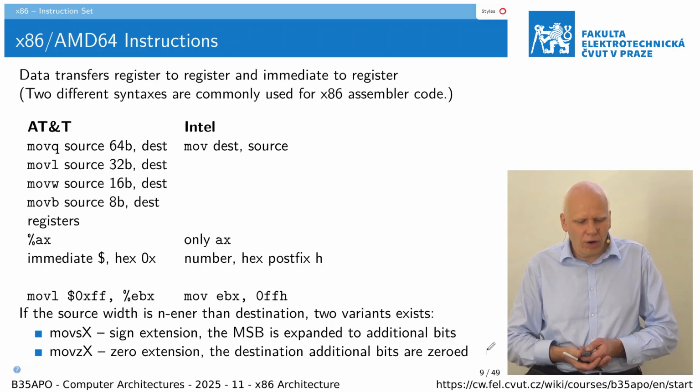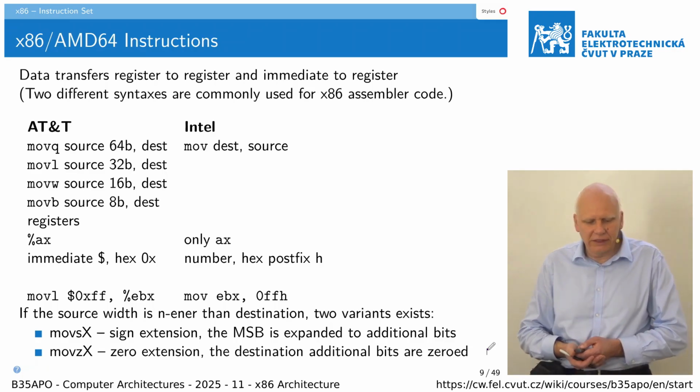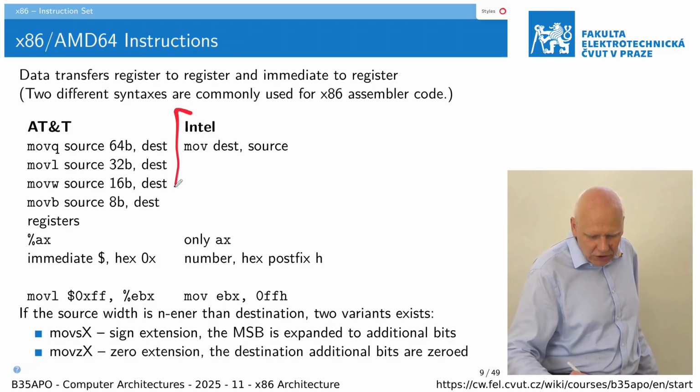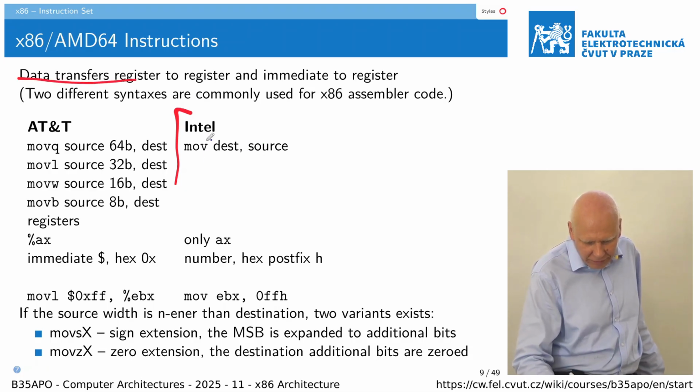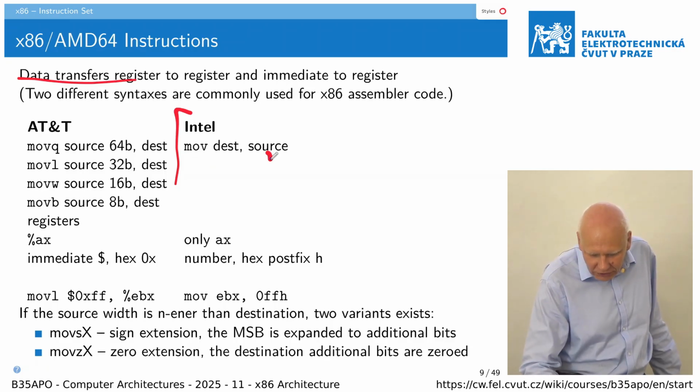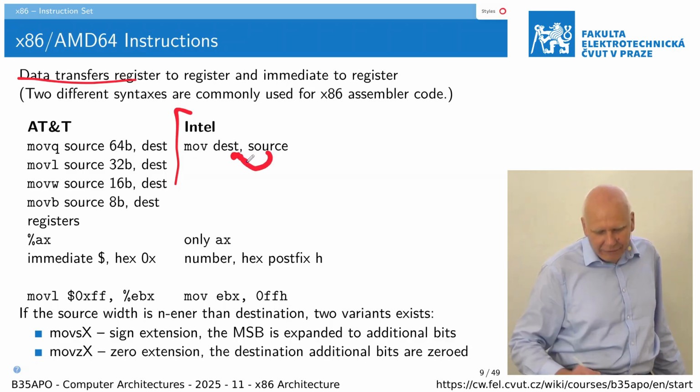Okay, as for the instruction set, there are more options how we can write instructions, more notations how they can be written. Intel has started with some initial notation where the assignment of the data transfer instruction, which is represented, for example, by the move instruction, is from the right to the left.